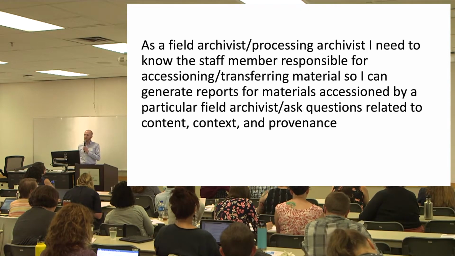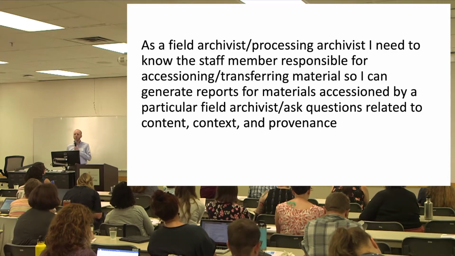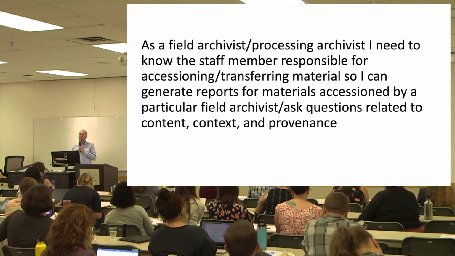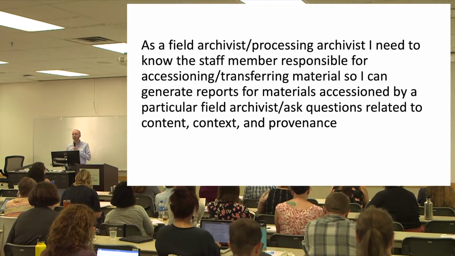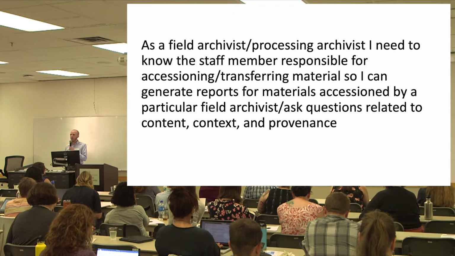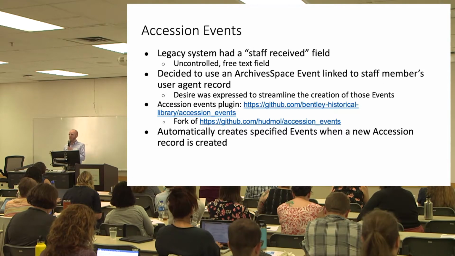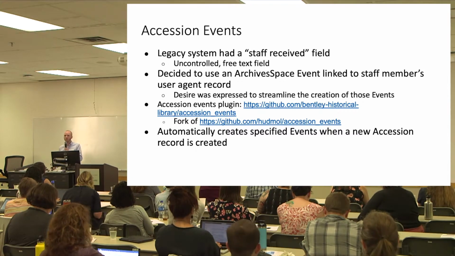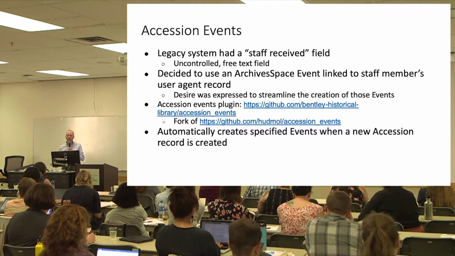We also identified a need to be able to know who was ultimately responsible, like the field archivist responsible for accessioning or transferring materials. Oftentimes, the person who is responsible for doing that is not the creator of the accession record. In the past, we used a staff received field in our old system that was a free text, uncontrolled field, so it made reporting on that really difficult.